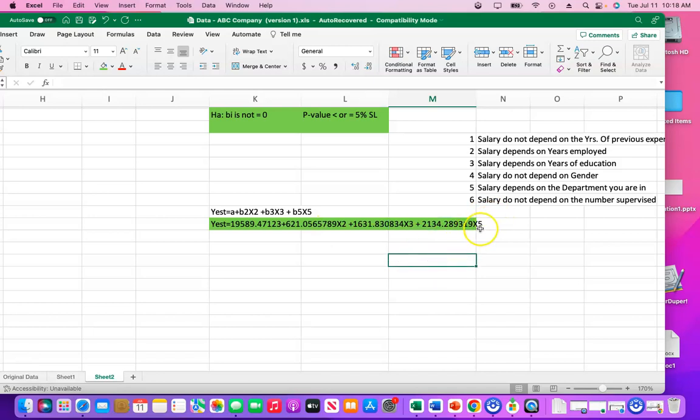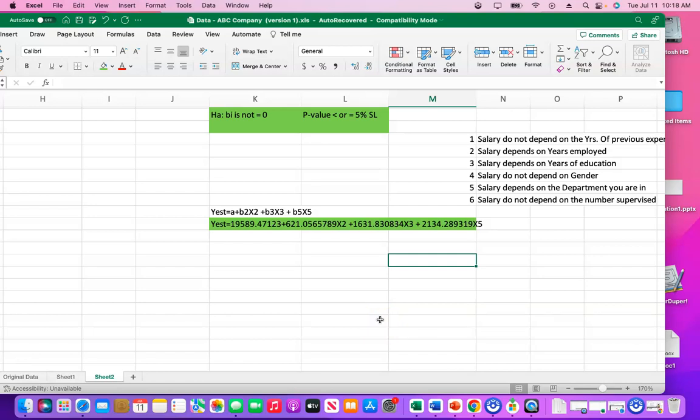So now, how can we explain the last one, which is department? We will hold other factors constant, and then we're going to look at a move from one department to another, let's say from the lower department to the higher department according to the levels of the department. As we have seen, we have 1, 2, 3, 4.